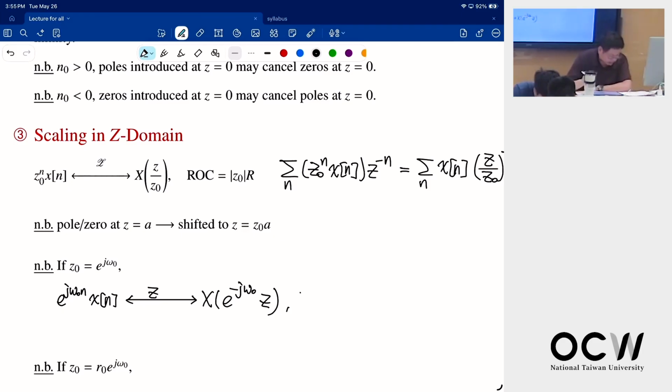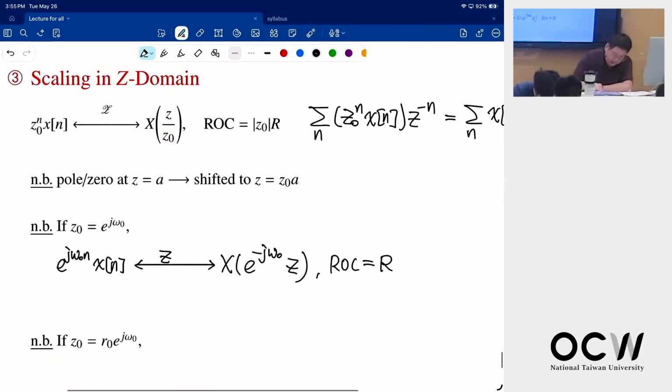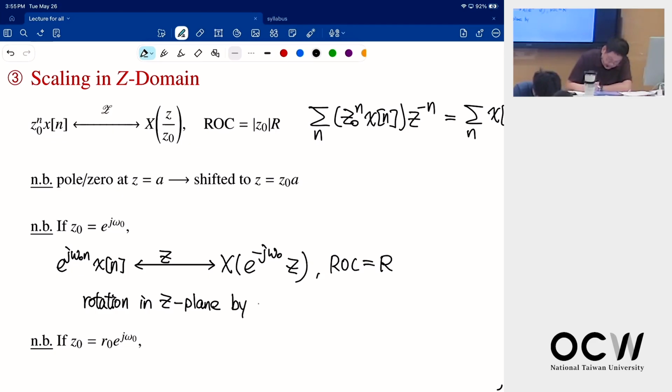The region of convergence is still the same. But what do we do here? We just rotate in the z plane by omega naught. The magnitude is still the same.